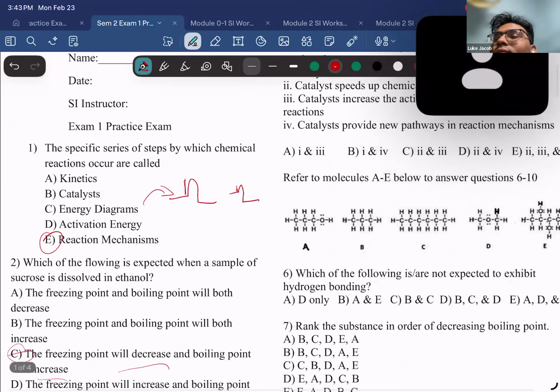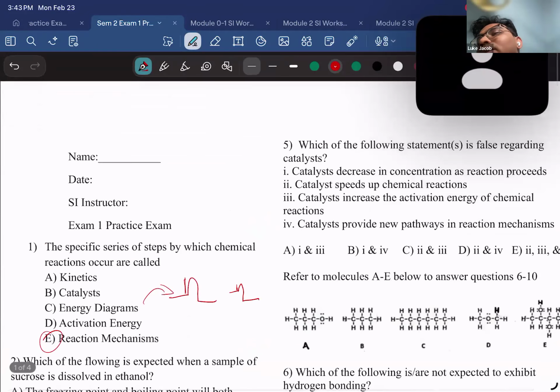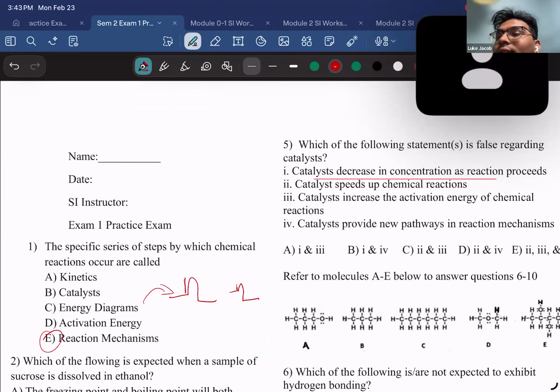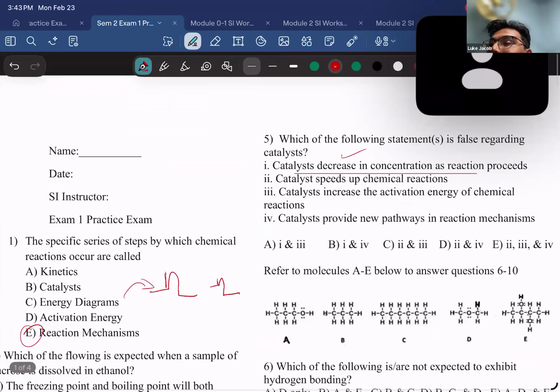Okay. Number 5. Which of the following statements is false regarding catalysts? Number 1, catalysts decrease in concentration as reactions proceed. This is false. 2 is correct. 3 is false, and 4 is correct.